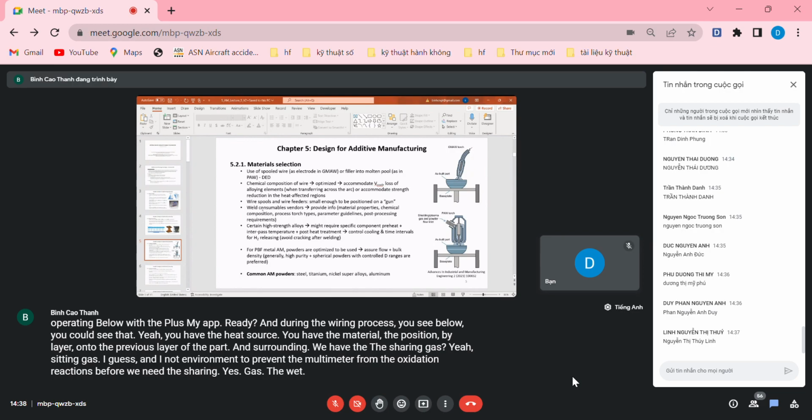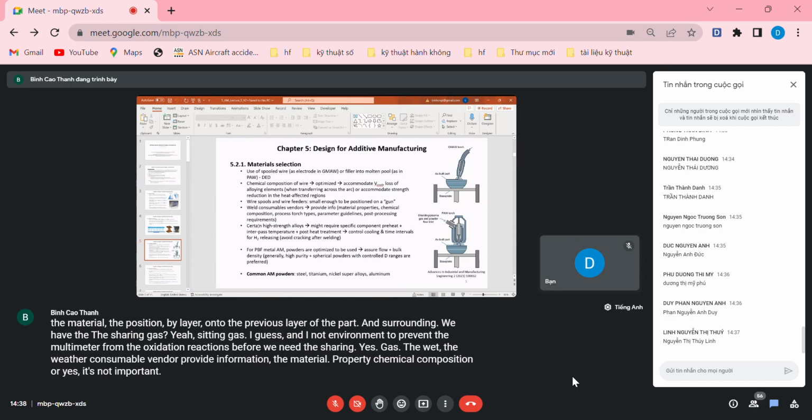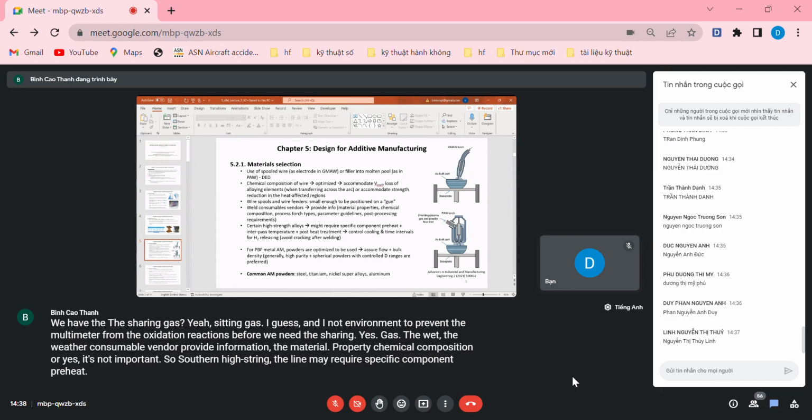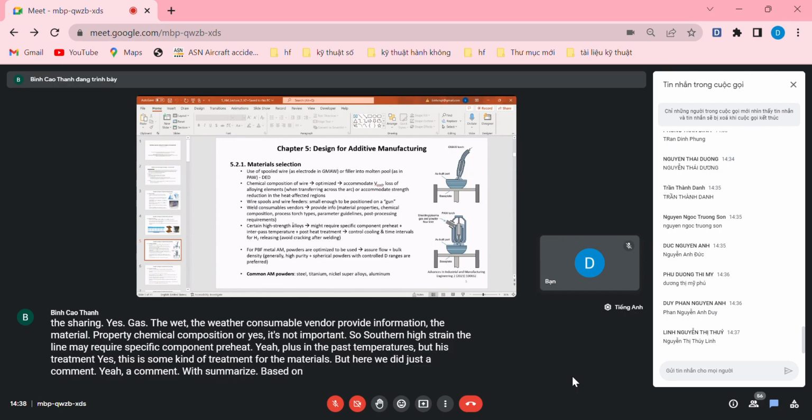The consumable vendor provides information on material properties, chemical composition, and so on. It's not important. Certain high-strength alloys might require specific component preheat and interpass temperatures for heat treatment. So this is some kind of treatment for the materials. But here we just made a comment, a comment which summarizes the textbook.